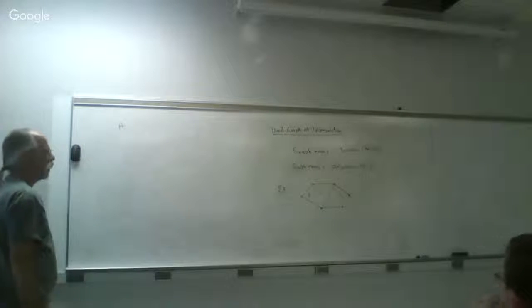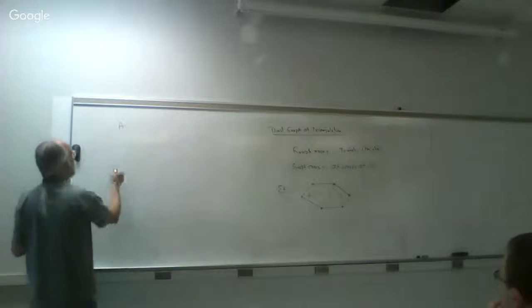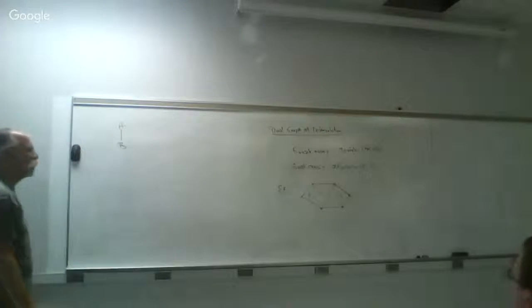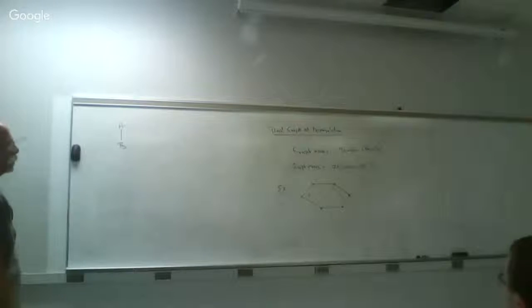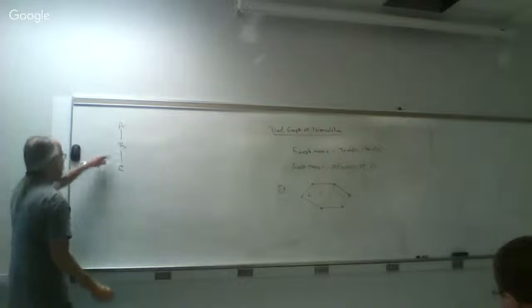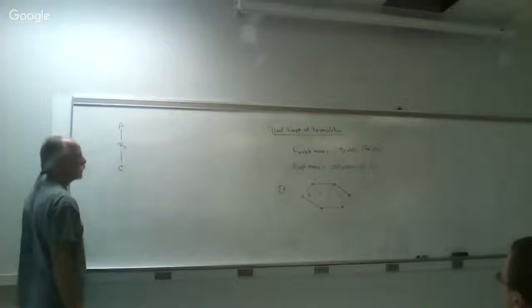So I get a node for A, and I get an edge from A to B. I'm going to draw it like a tree because in fact it turns out that we get a tree out of the deal here. From B, I've got C. Actually B is adjacent to both A and C, and that's reflected in this picture.